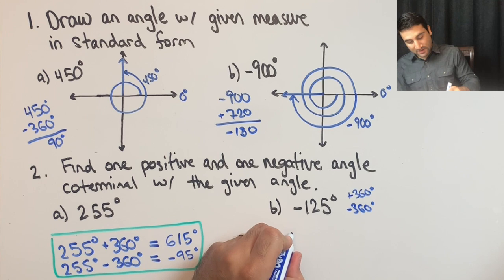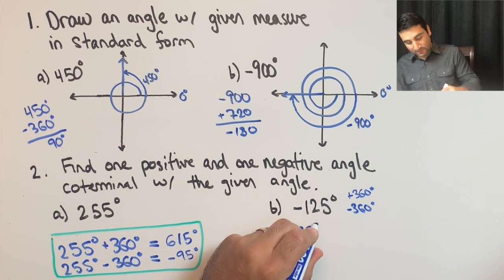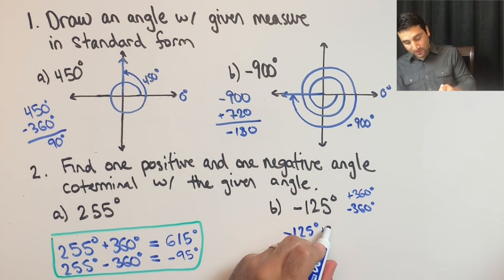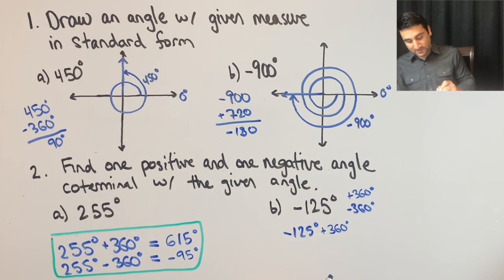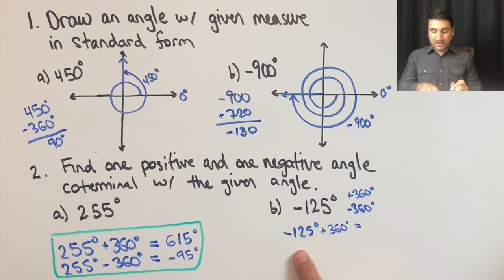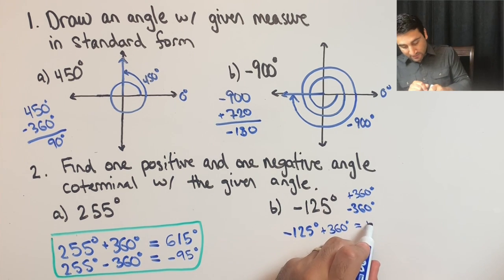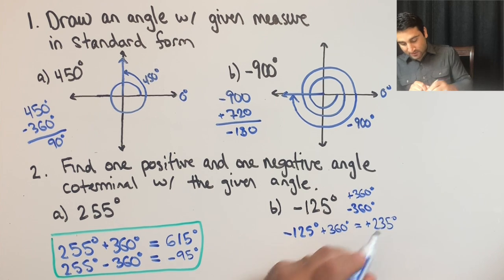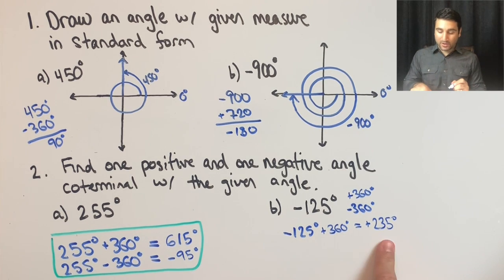So we take negative 125 degrees and add 360 degrees to get the positive coterminal angle, which leaves us with positive 235 degrees.